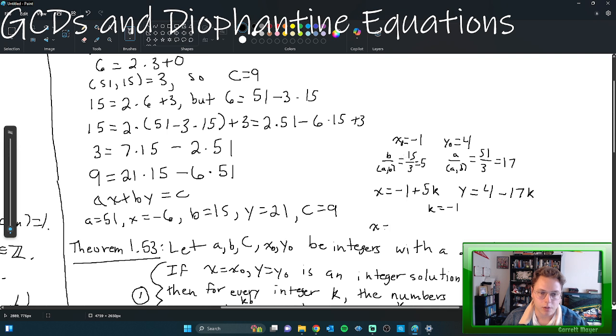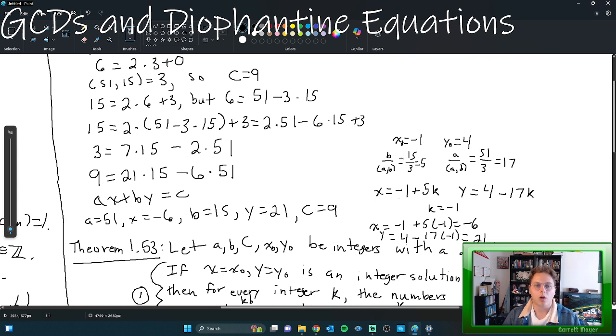So x is equal to -1 plus 5 times -1, and that's just equal to -6. So we have that particular solution, and then y equals 4 minus 17 times -1. -17 times -1 is just positive 17. 17 plus 4 equals 21.